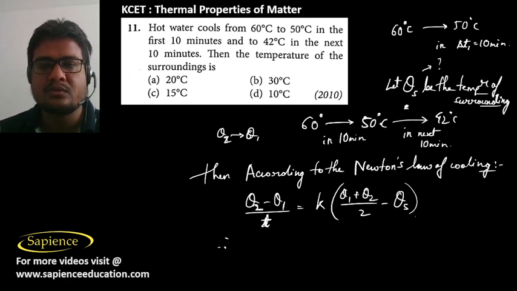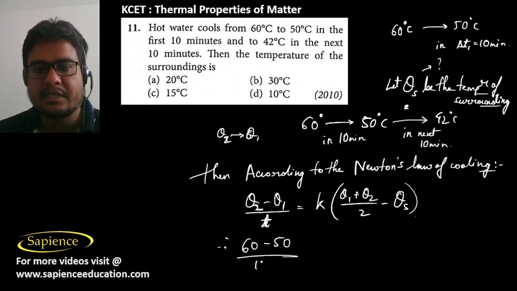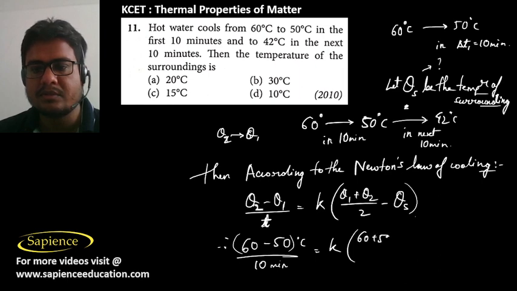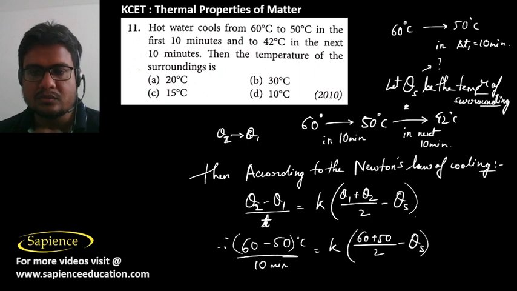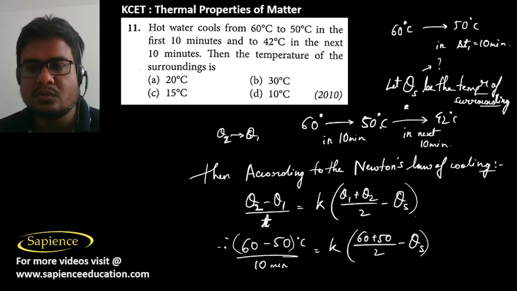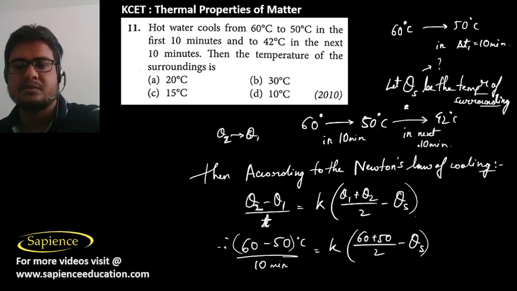So here it is told that from 60 degrees to 50 degrees, this will be 60 minus 50 by 10 minutes, in degrees Celsius, equal to K into 60 plus 50 by 2 minus theta s. Here there are two unknowns, so we need two equations, and it is also told that it cools down from 50 to 42 in the next 10 minutes.